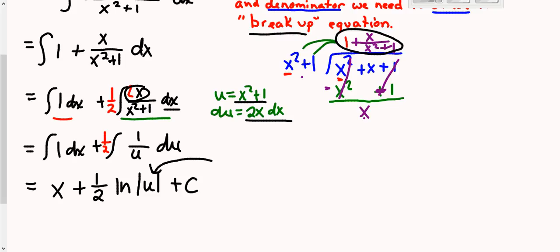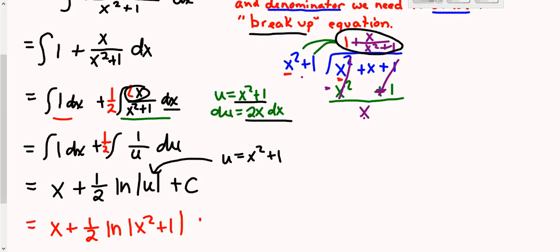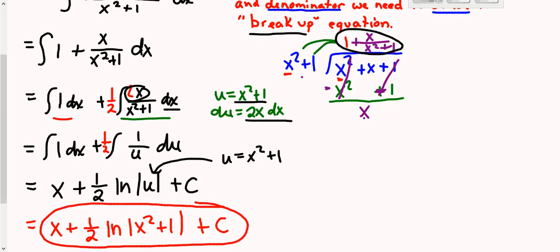So u equals x squared plus 1. So our final answer, when we simplify all this, we have x plus 1/2 ln absolute value of x squared plus 1, close your absolute value, plus c. So there is our answer for this problem.